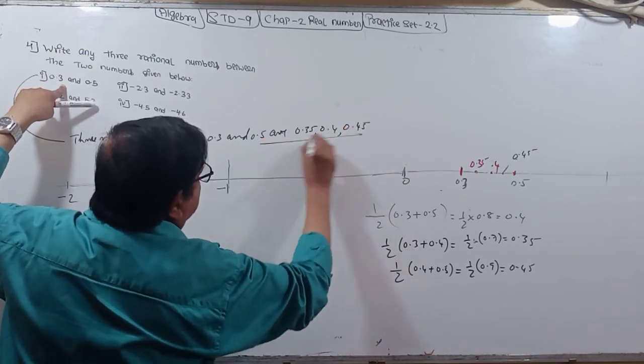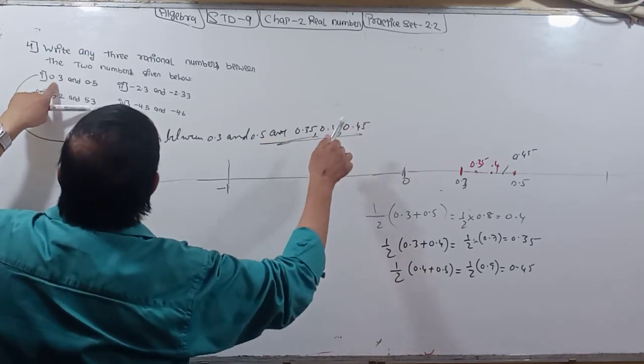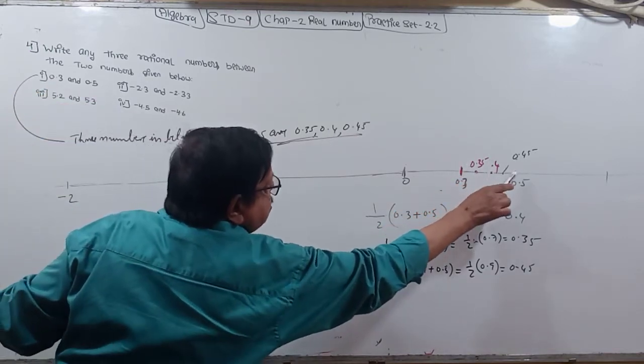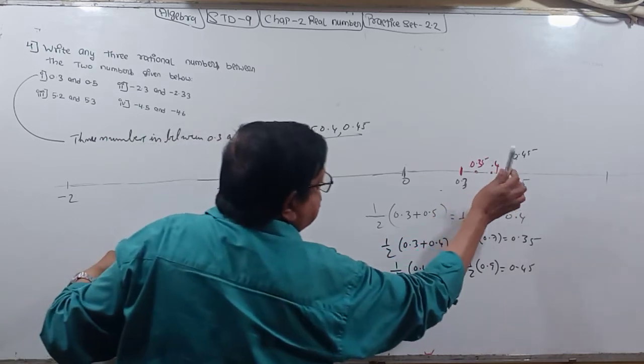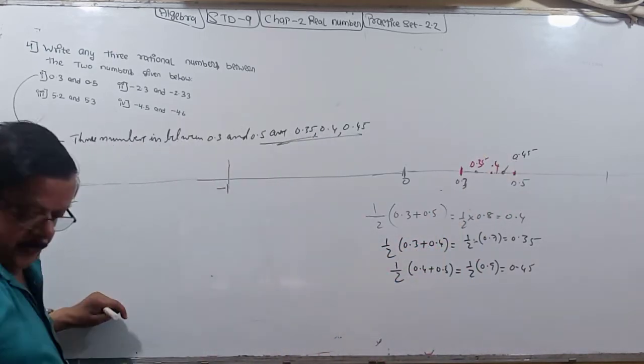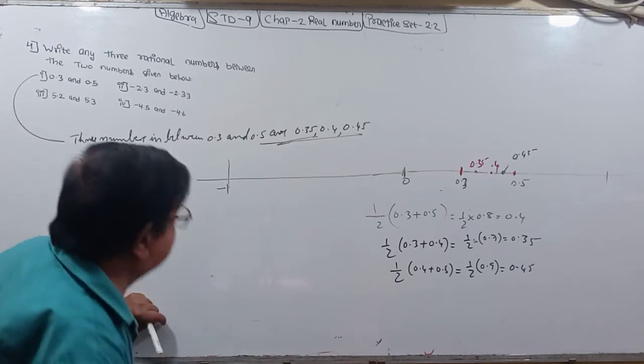These three numbers are between 0.3 and 0.5, this and this. Three numbers. Now next.